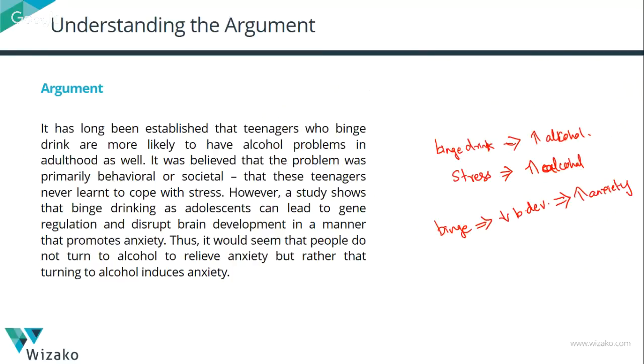So it says people now, whereas so far it said adolescents, people do not turn to alcohol to relieve anxiety, but rather that turning to alcohol induces anxiety. So he's saying it's not stress that is causing alcohol, it is alcohol consumption that is leading to anxiety. It's not the other way around. It's not anxiety that is leading to alcohol.